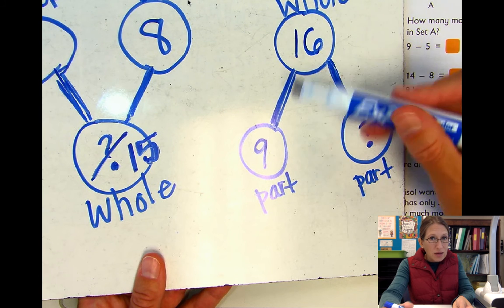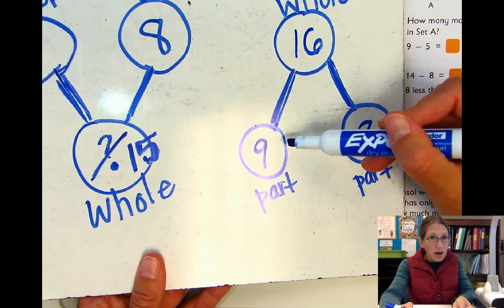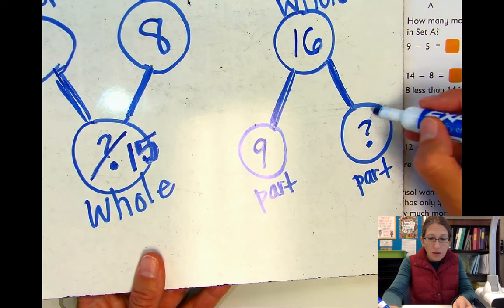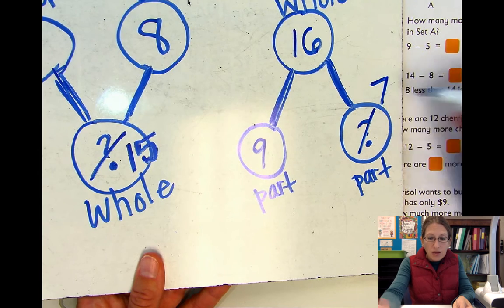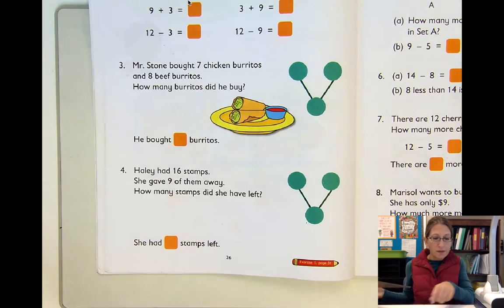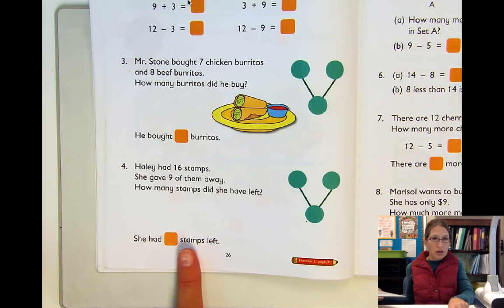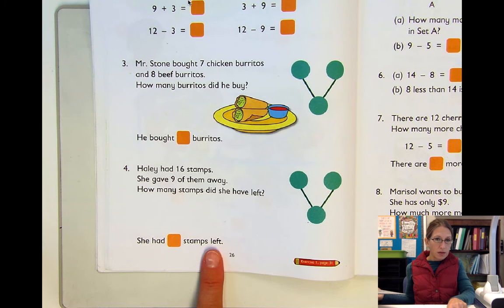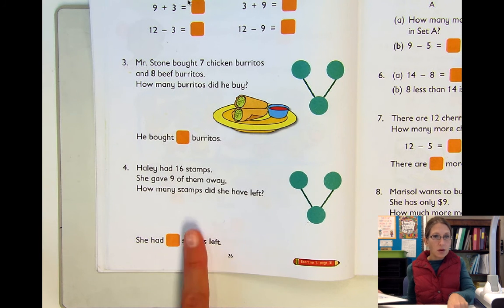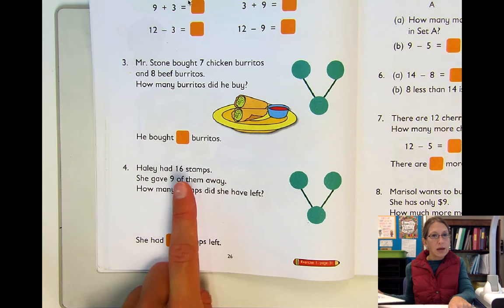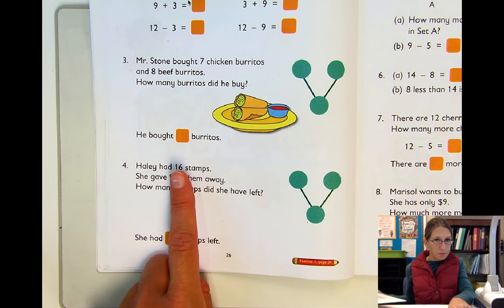And I know 10 plus 6 makes 16. So it must be 9 plus 7. I'm going to cross that off and write 7. And let's see if that makes sense. That she had 7 stamps left. That would make sense. If she had 7 stamps left, she gave 9 of them away. And at first, she had 16.